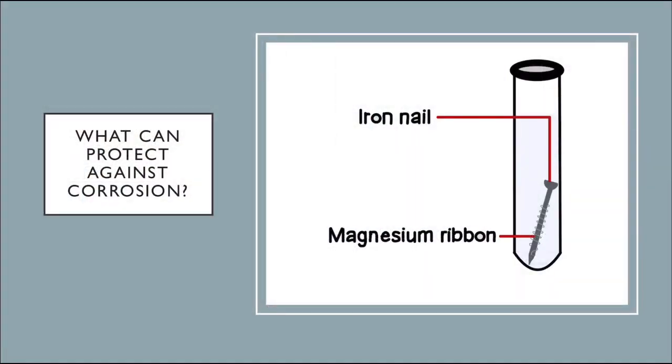What can help protect against corrosion? Just like how copper accelerates corrosion in iron, magnesium does the opposite. As seen in the diagram, there's an iron nail and magnesium ribbon wrapped around it. Magnesium can protect against rusting because it has a higher electropositivity than iron.